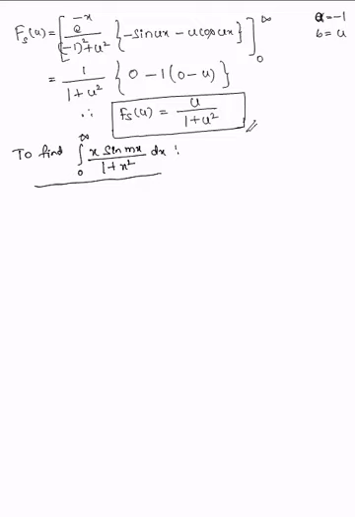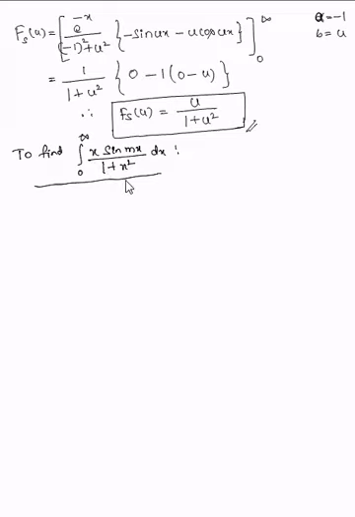Now, whenever I ask you to find the value of an integral, you have to use the inverse Fourier transform. Here we are discussing the sine and cosine transformations. We did the Fourier sine transform, so you have to take the inverse Fourier sine transform to find the value of this.